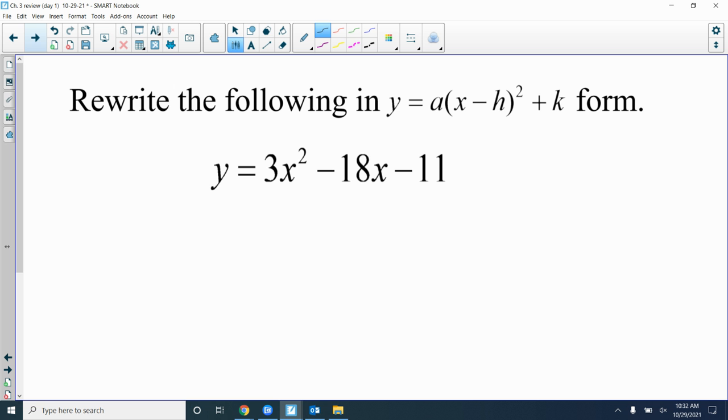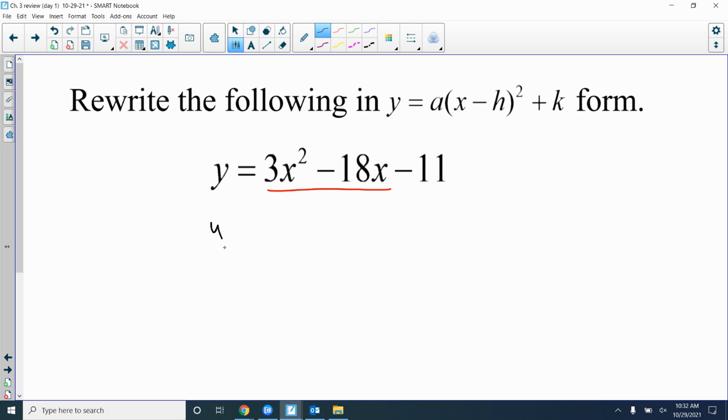We're going way back here, section 3.1. So rewrite the following in vertex or standard form. Remember what we got to do. There's 2 ways you can do it, but I would suggest for this one to complete the square. So I'm going to complete the square on the 3x squared minus 18x.